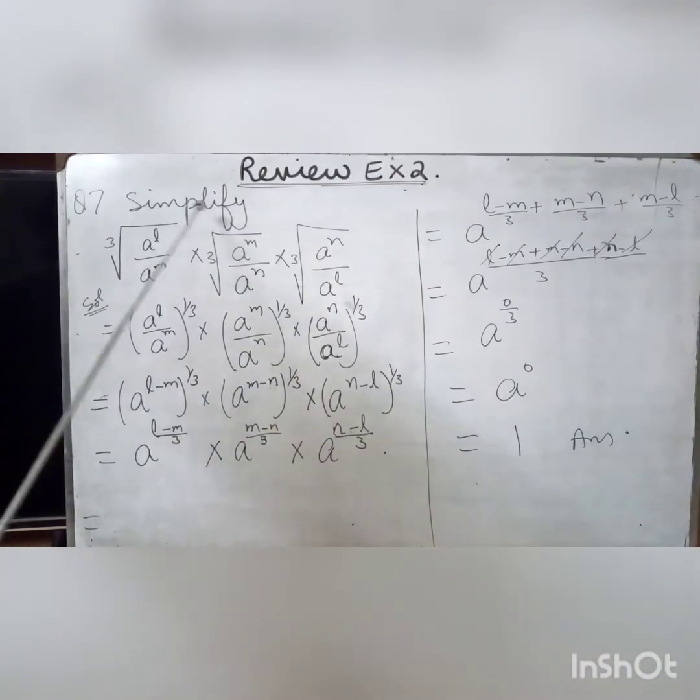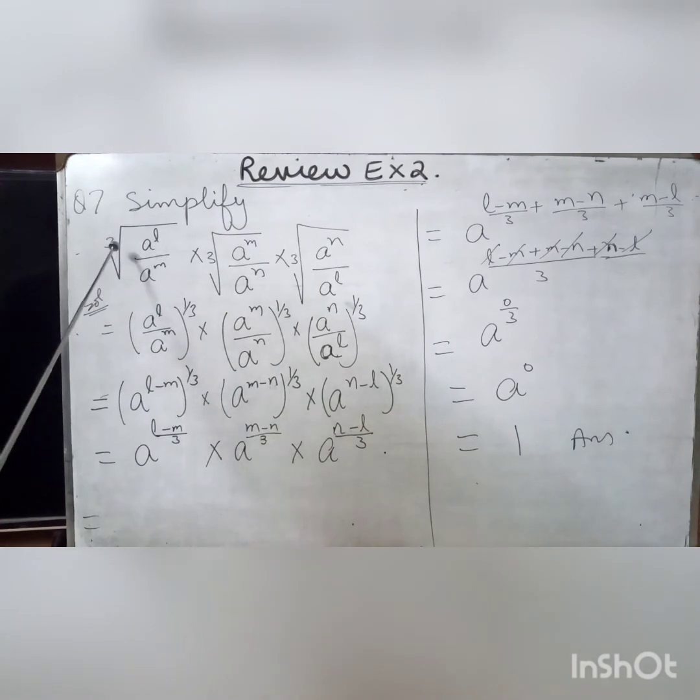Question number 7. Simplify. Cube root of a raised to power l over a raised to power m, into cube root of a raised to power m over a raised to power n, into cube root of a raised to power n over a raised to power l.